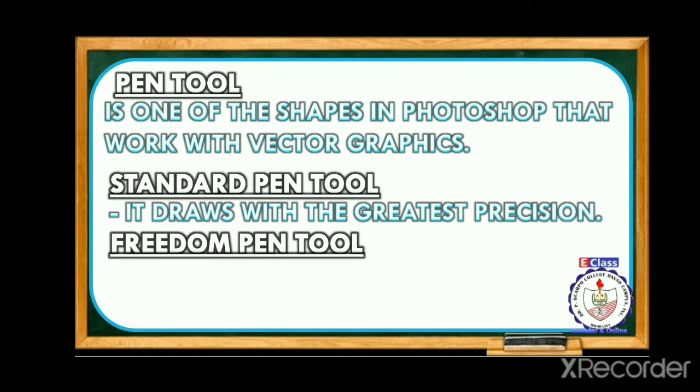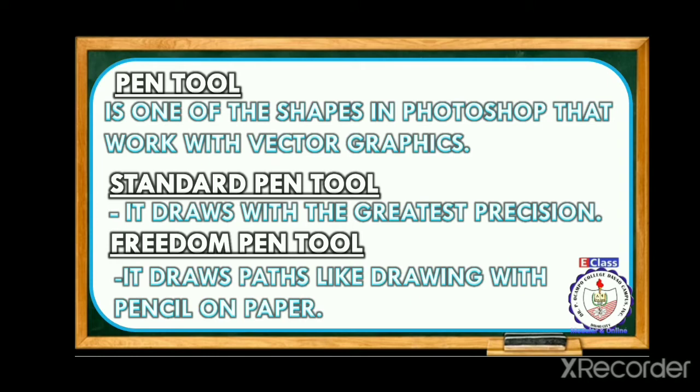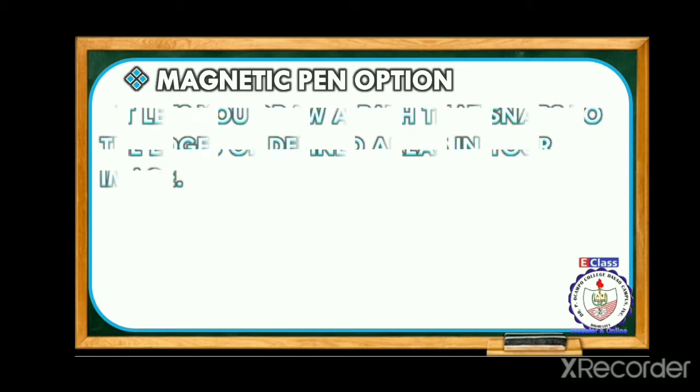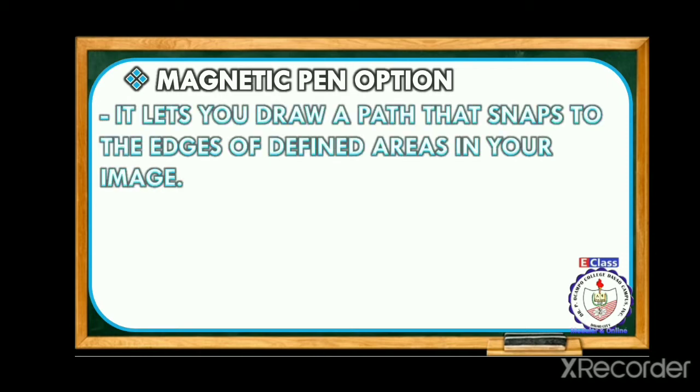It draws paths like drawing with a pencil on paper. Next is the magnetic pen option. It lets you draw a path that snaps to the edge of defined areas in your image. And you can use the pen tools in conjunction with the shape tools to create complex shapes.